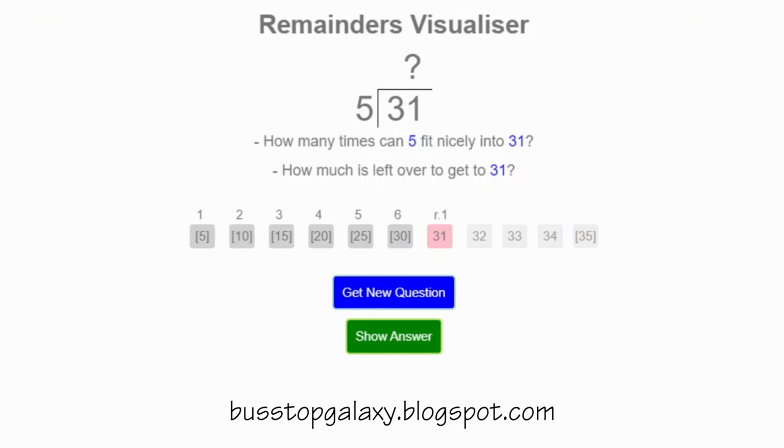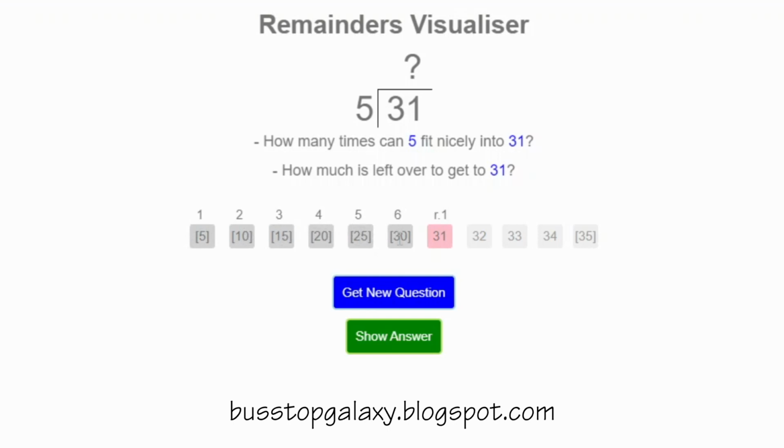Okay, so let's look at the first question. First question we have here is 31 divided by 5. And we say to ourselves, how many times can 5 fit nicely into 31? If you look at the bottom here, for those people who are not very good at their times tables, we can just go through the times tables here: 5, 10, 15, 20, 25, 30.